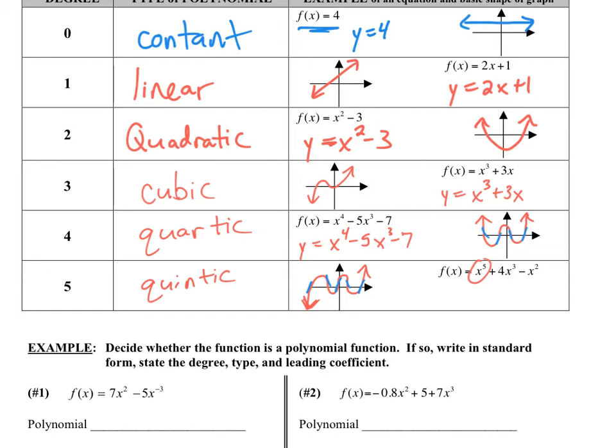For a cubic, when the degree is 3, this one came up, and then down, and then up. So look at up, down, up, 3 changes. When the degree is 4, it's down, up, 4 changes. And the quintic was up, down, up. There were 5 changes in direction. So the degree just tells you how many times that graph will change directions.